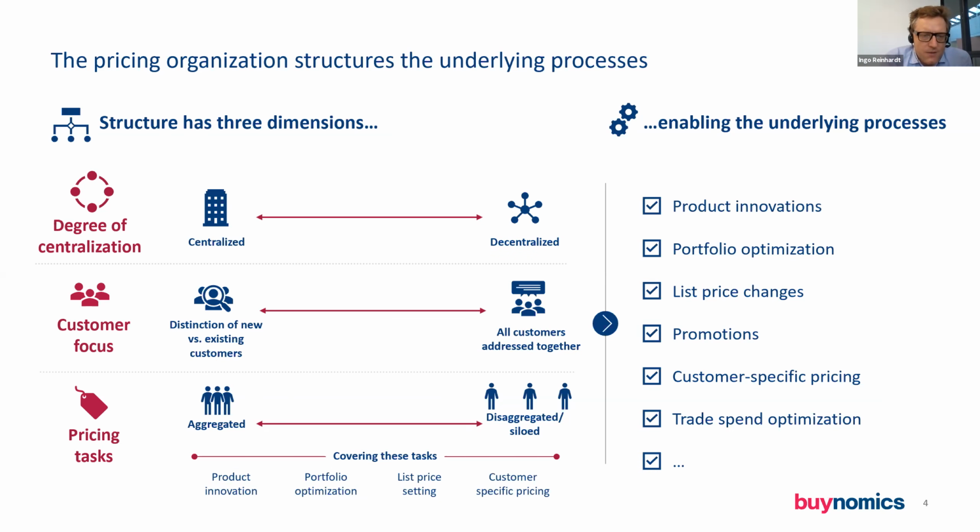From our point of view, there are three dimensions that are relevant for the organization. A pricing organization can be very centralized, for example a global company that sets pricing in one place for the whole organization, or very decentralized, with pricing teams across countries or across industries. This is one important distinction between organizations.